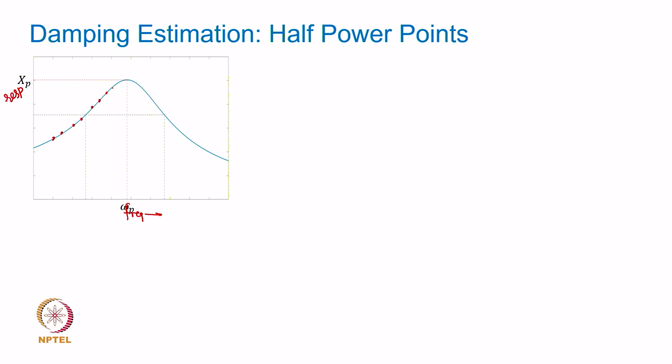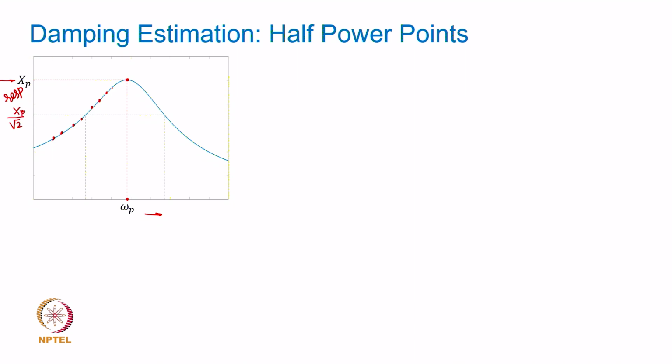Now, obviously, this peak amplitude is referred to as xp, and the frequency at which this happens is omega p, the peak frequency. Similarly, half power points mean the amplitude should drop to a level which is 1 by square root of 2 times the peak amplitude, is not it.